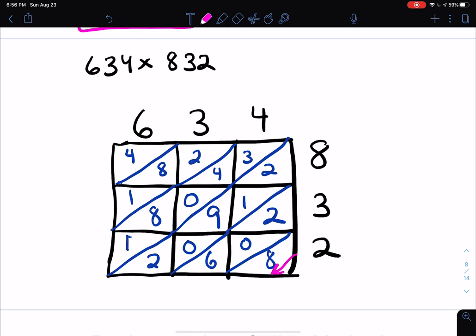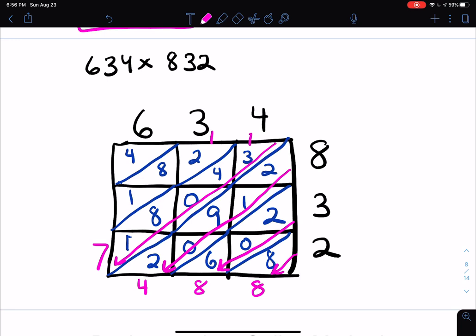Okay, so my diagonals. This one's an 8. 2 plus 0 plus 6 is 8. 2 plus 1 plus 9 plus 0 plus 2 is 14. So I will put a 4, carry the 1. 1 plus 3 plus 4 plus 0 plus 8 plus 1 is 17. So I'll put a 7, carry the 1. 1 plus 2 plus 8 plus 1 is 12.